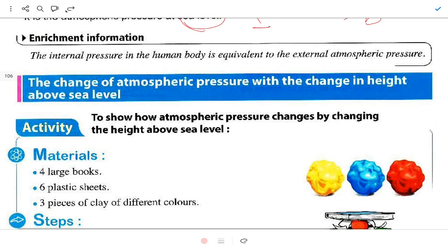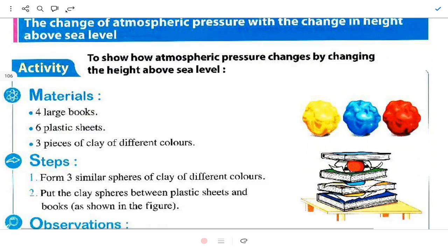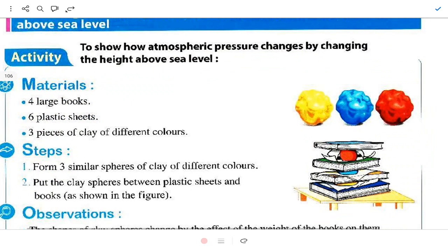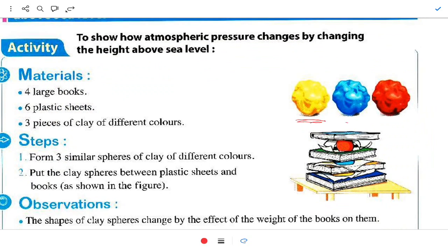Let's do this experiment to know about the atmospheric pressure. If we have 3 spheres of clay, red, blue and yellow, we put them like this figure: a piece of clay, then a book, then a plastic sheet, then clay, plastic sheet, book, plastic sheet, clay, plastic sheet, book.